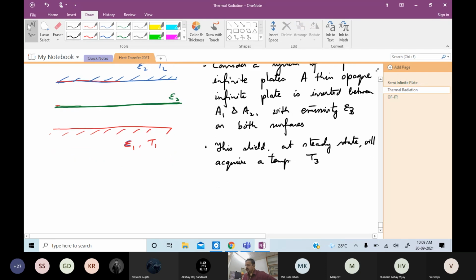What is more important is that whatever it receives from 1 is given to 2.